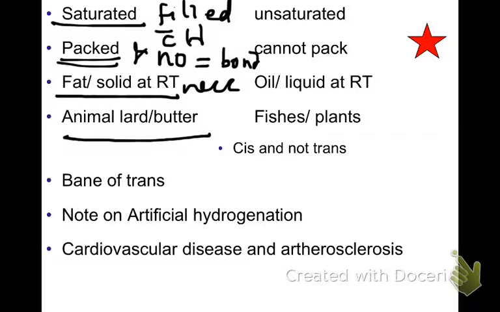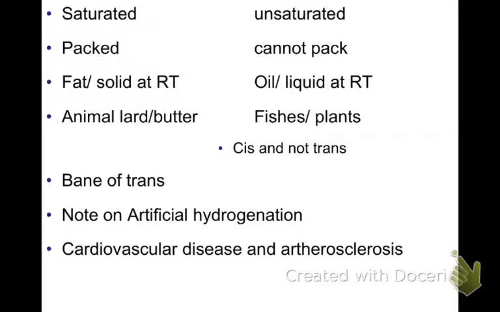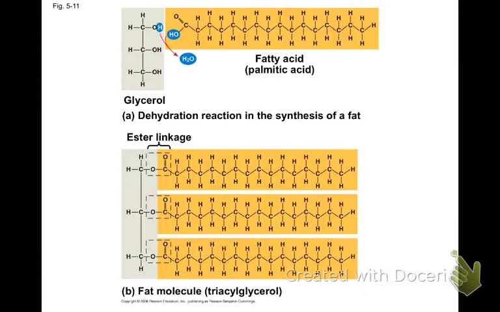Unsaturated fatty acids, on the other hand, have a double bond. If I'm able to go to the previous slide for a second, I'll show you. Here, if you notice in this particular slide, each of these carbon molecules that are present have enough hydrogens that they all make a single bond.